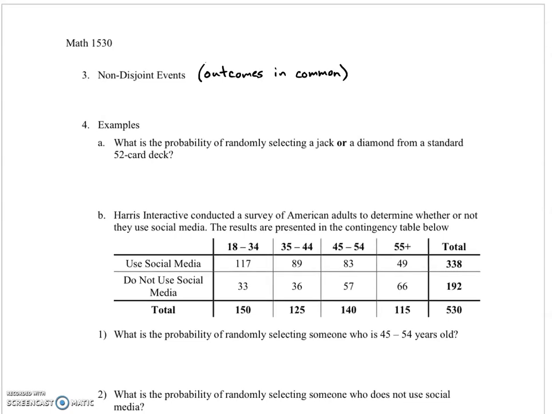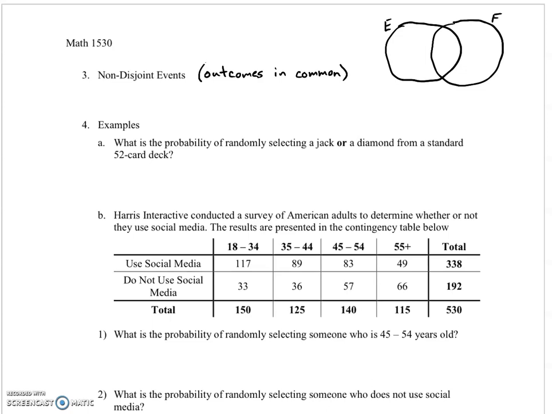Why? Well, let's go back to our Venn diagram. If we have event E and event F, remember the piece where they overlap is the outcomes they have in common.